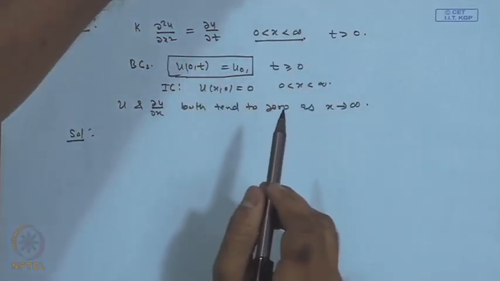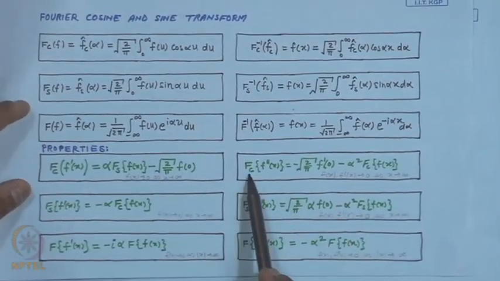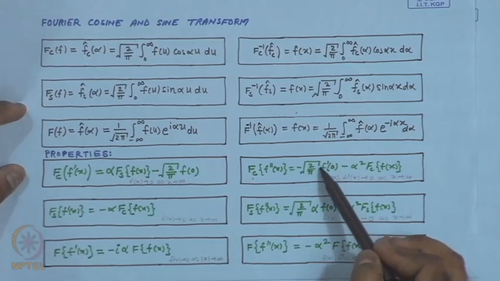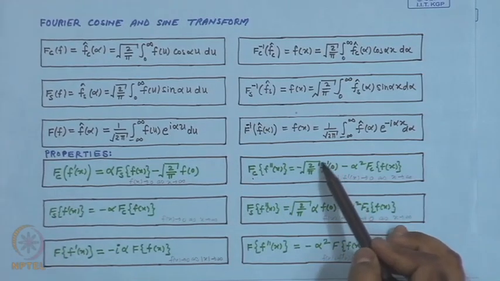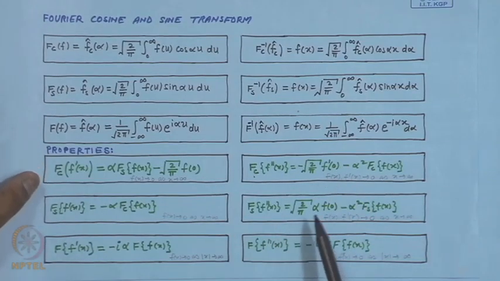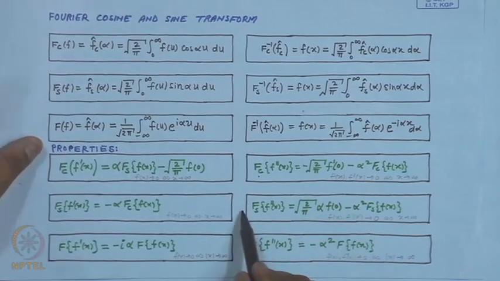Let us have a look again at these properties. If we have the cosine transform, then we need here f prime 0, but this information is not given in the problem. For the sine transform we need f(0). So, this is given. So, we will apply the sine transform. The choice is very clear.